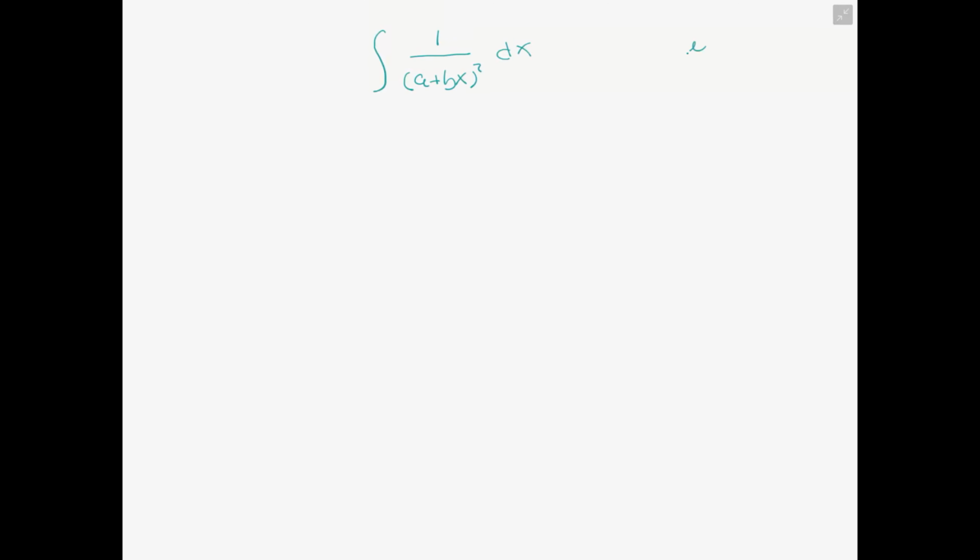Here we got 1 over a plus bx squared dx.